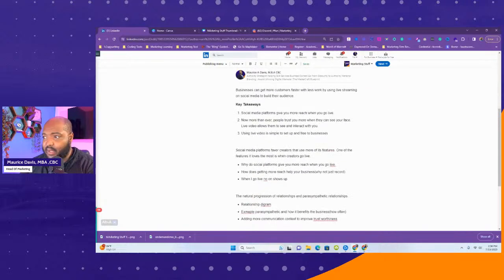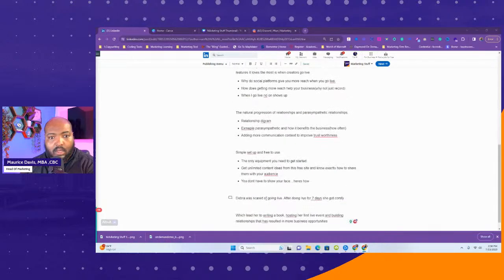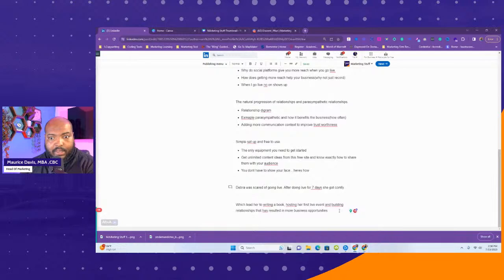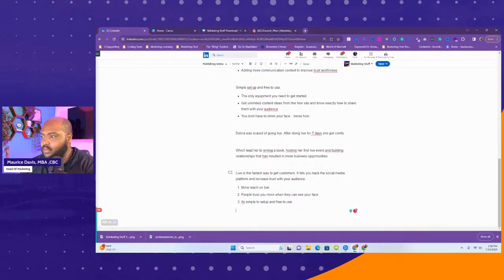I might actually shift that up, but we just want to know we have all the elements. Then my summary, which is basically like a conclusion, and then pulling back in my three takeaways, and then my CTA.